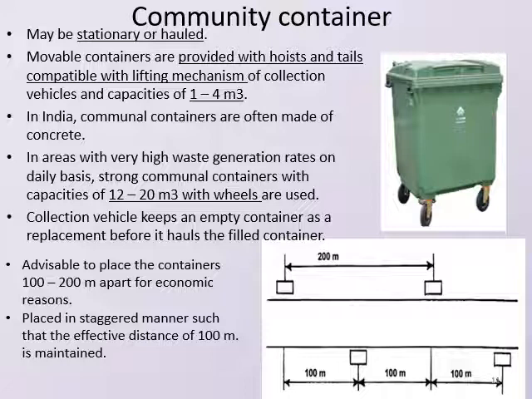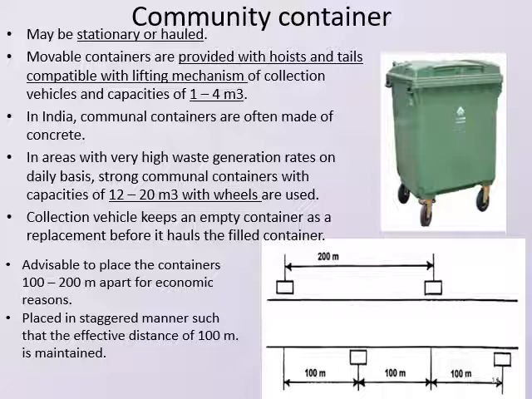In areas with very high waste generation rates on daily basis, strong communal containers with capacity 12 to 20 cubic meter with wheels are generally used. Collection vehicle keeps an empty container as a replacement before it hauls the filled container at the same place.